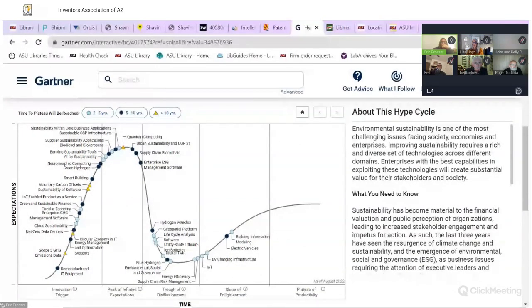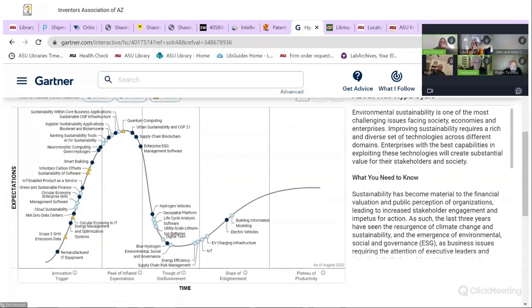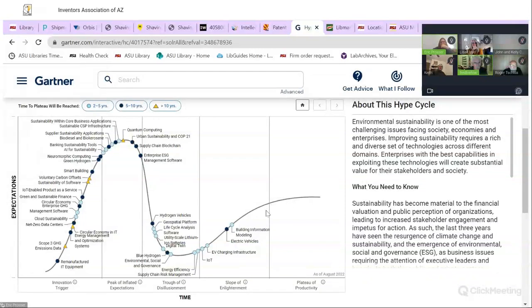And it's got hydrogen vehicles right over here, saying they're estimating 5 to 10 years off. And you can see EV, when they did this report, is basically almost there, right? Which jibes with what we all are seeing now in terms of how many people are starting to get EVs. But the vehicles are here. The charging infrastructure is a little bit behind it.